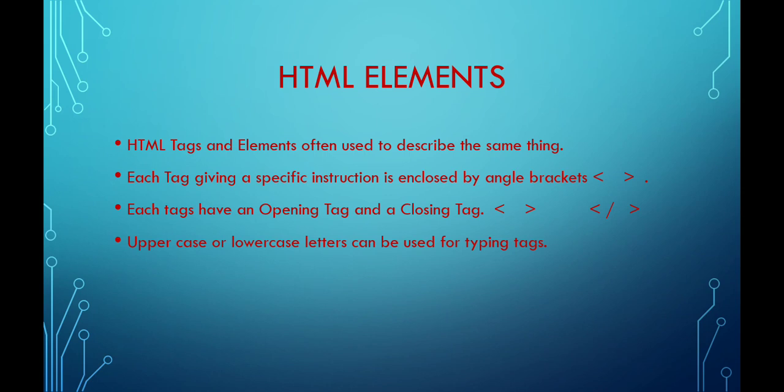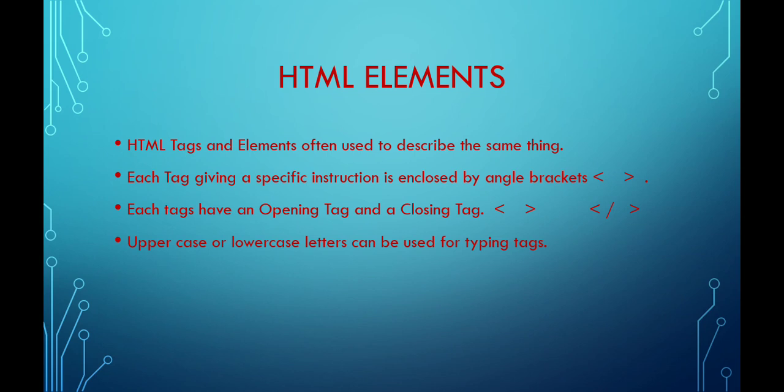Tags and elements are often used to describe the same thing, serving the same purpose. Each tag gives a specific instruction. Means each and every tag has its specific function, a specific task which it has to perform while writing a program, and that tag must be within angular brackets.